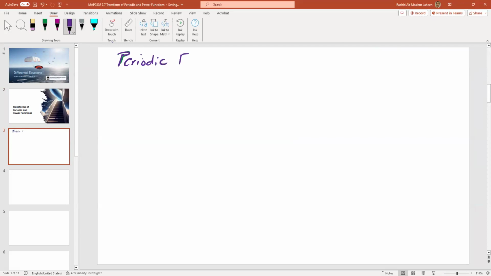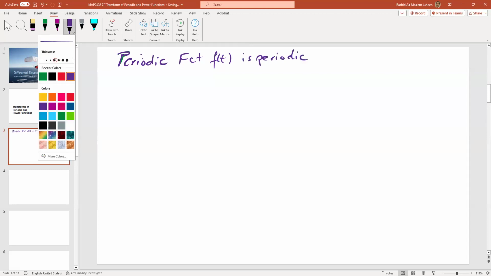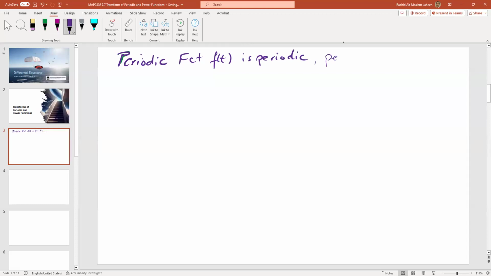the periodic function, let's say f of t. So this is a definition, a function f of t. We always kind of described it, maybe the first time you've seen it, in trigonometry. You say f of t is periodic and has a period, this capital T here.